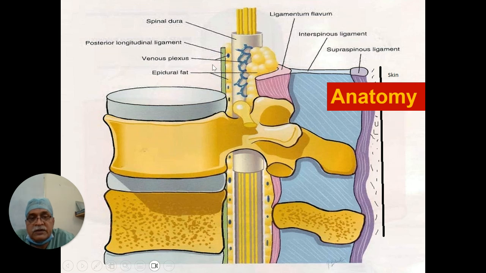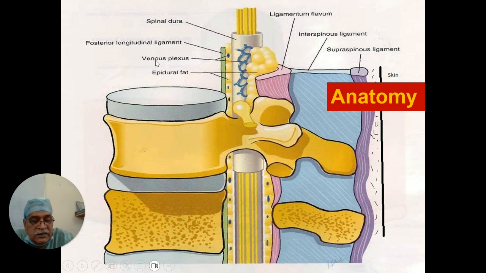Posteriorly, there is a posterior longitudinal ligament. Then skin, subcutaneous tissue, connecting the tips of the vertebral spinous processes is the supraspinous ligament. Connecting the spines in between is the interspinous ligament, and the thick, dense, fibrous ligament known as the ligamentum flavum, and the dura. So these are the structures.